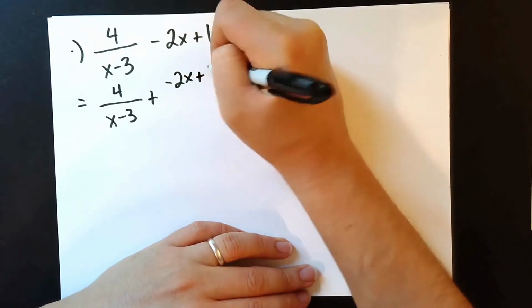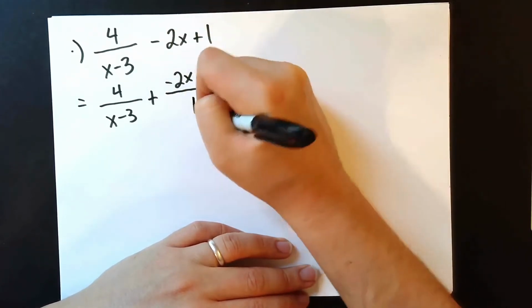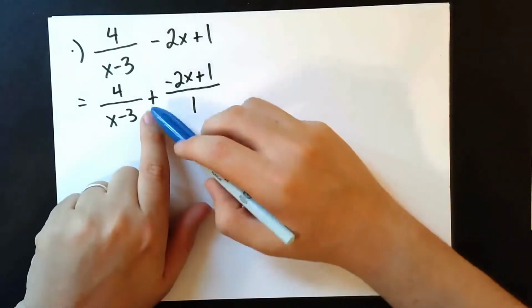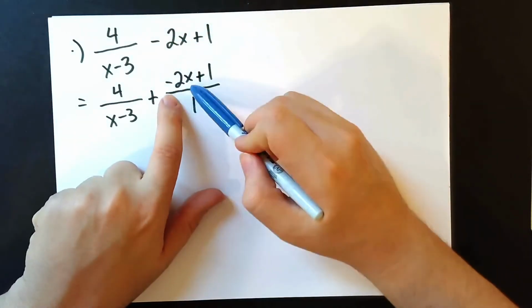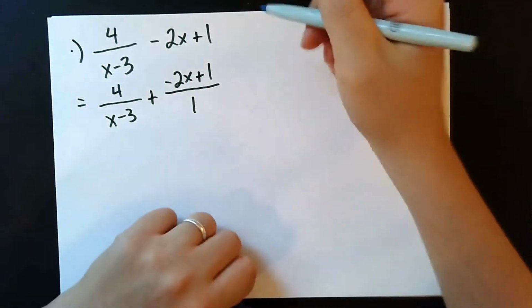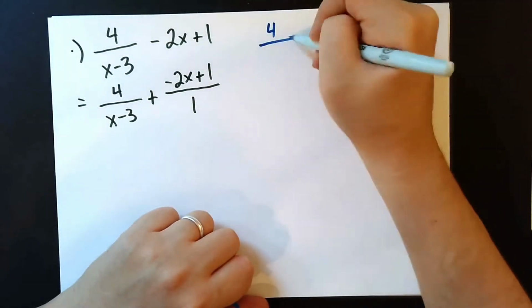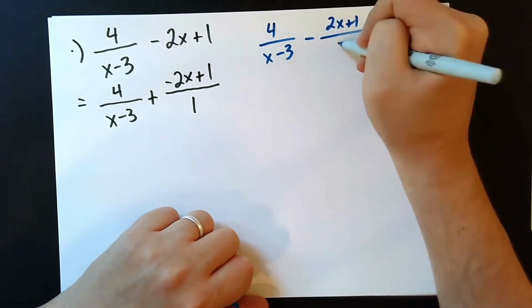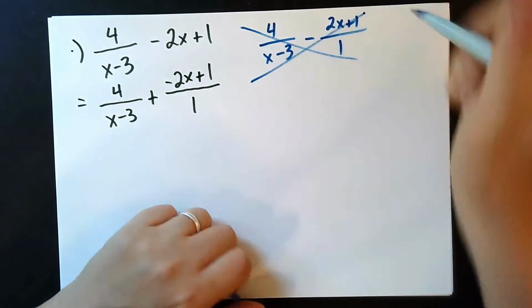Now, one thing I want to note here that I had to be careful about when I did this is I had to be careful that I rewrote this as plus and then this minus 2x plus 1 like this. I could not have written this as 4 over x minus 3 minus 2x plus 1 over 1. That would not be correct.